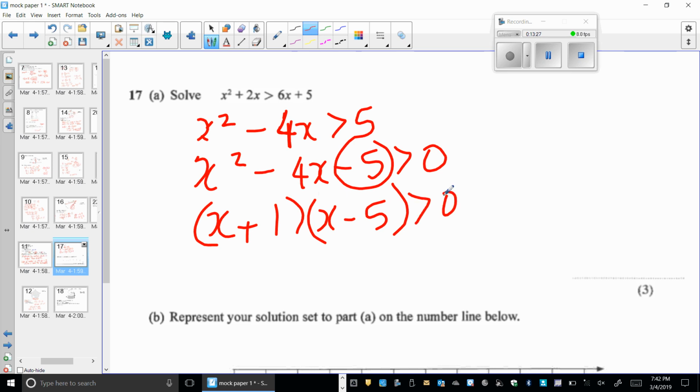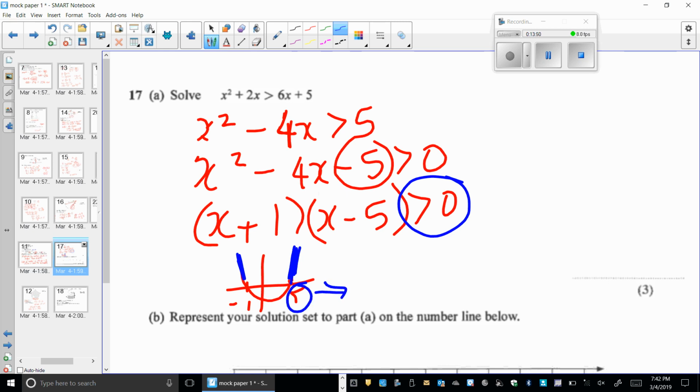This is where we have a quadratic greater than 0. So we picture our quadratic. We know it crosses at -1 and 5. We know it's a positively happy, so it looks like this. We need to know where that graph is greater than 0. That means it's greater than 0 here and here, so these values and these values.